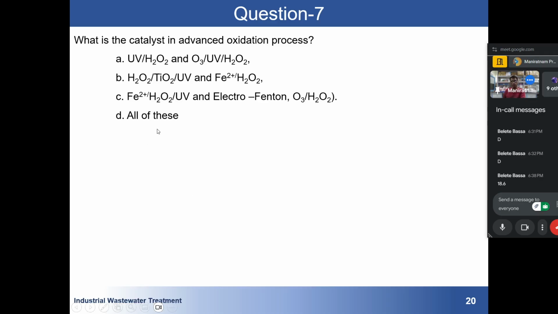So which of these are catalysts? The first option is UV/H2O2, or H2O2, titanium oxide and iron, or all of these. I have got one answer.